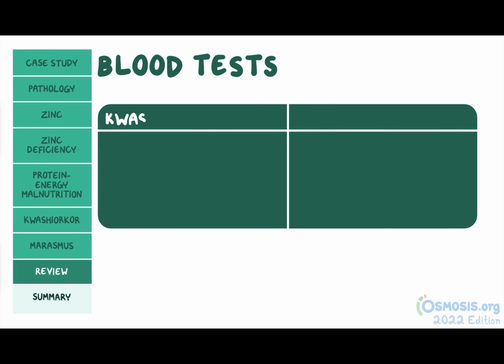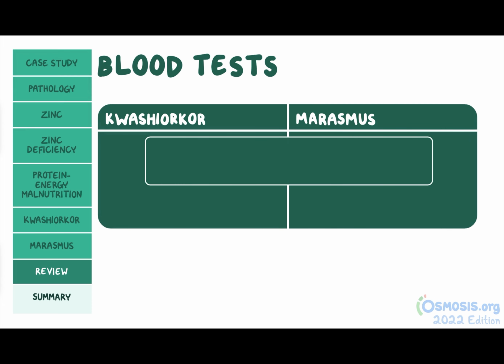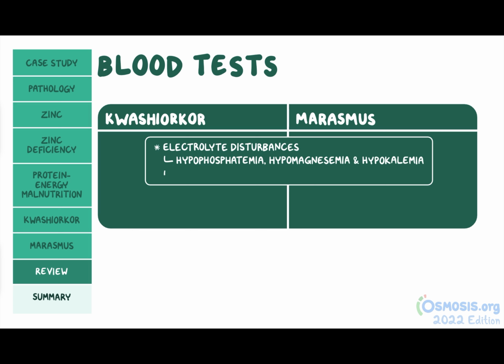Blood tests in both kwashiorkor and marasmus may show electrolyte disturbances like hypophosphatemia, hypomagnesemia, and hypokalemia, as well as anemia and lymphocytopenia. But what sets them apart is that kwashiorkor also has hypoalbuminemia, while in marasmus, serum albumin is normal or slightly decreased.